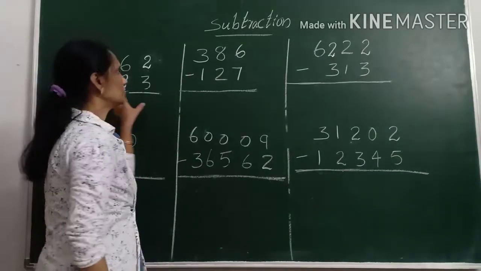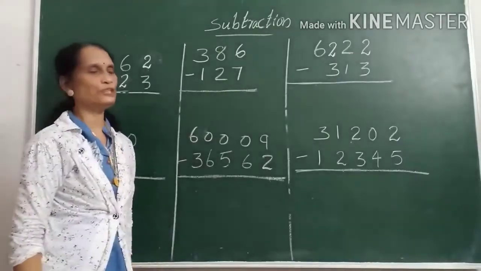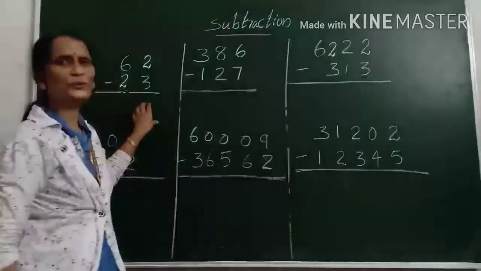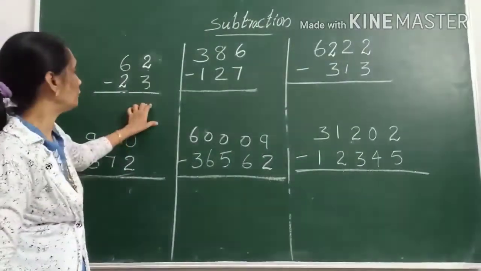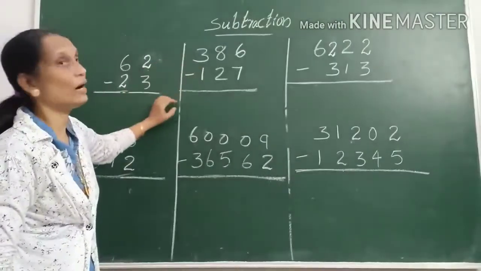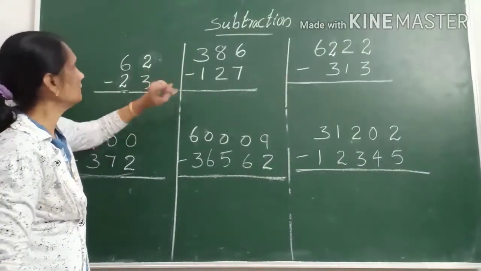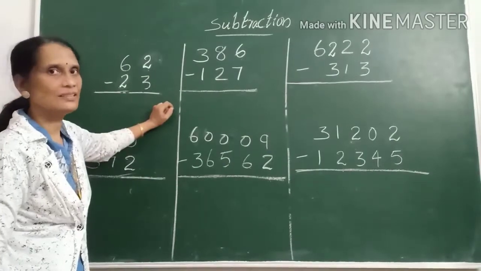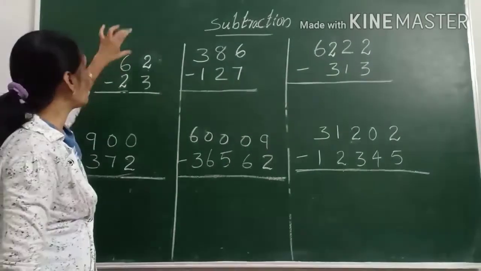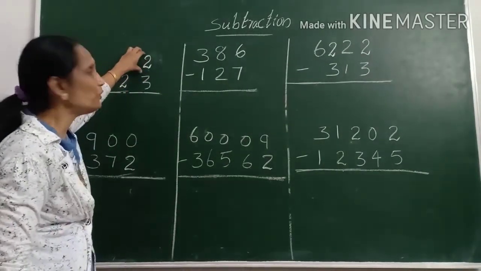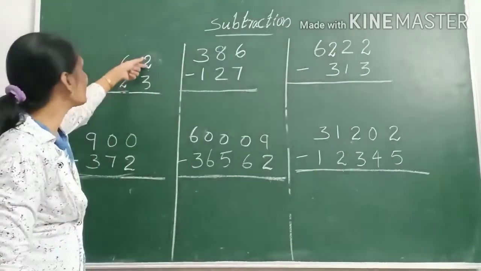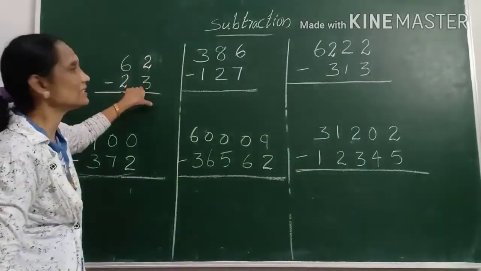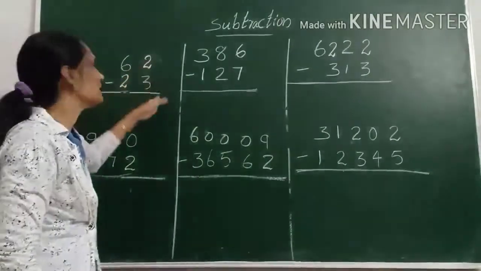Okay, these are also for finding the difference. Do you notice any difference between the numbers that we have done previously and this one? Yes. Here, some of the digits in the minuend are smaller than the digits of the subtrahend at the same places.